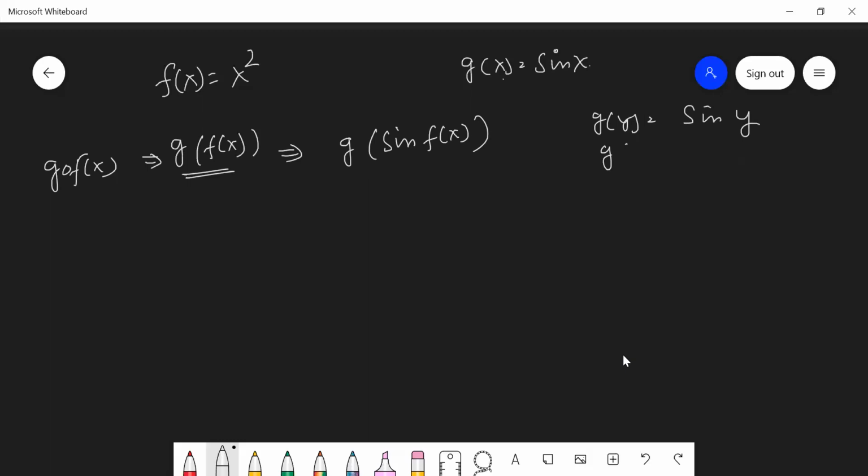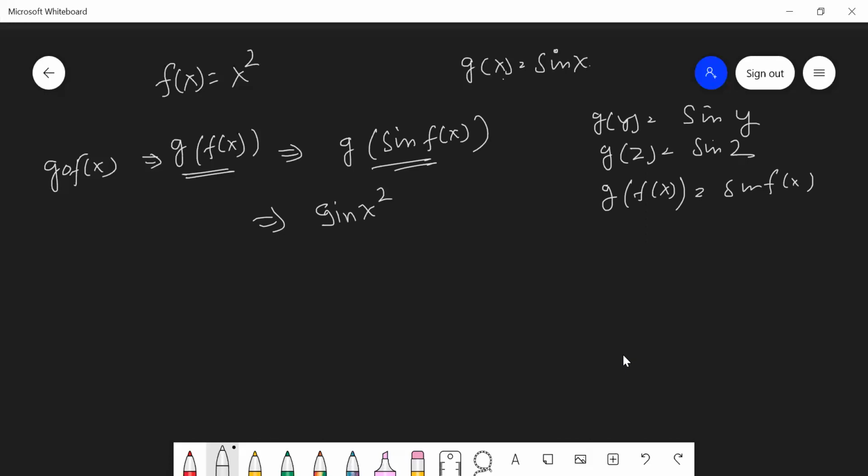If we have g(z), then we write sine z. Similarly, for g of f(x), we write sine f(x). Now f(x) is x square, so we get sine x square as the value of gof(x).